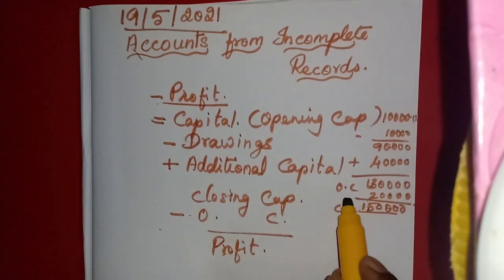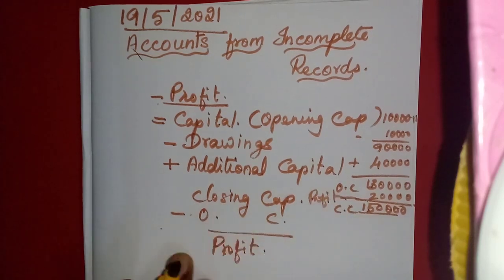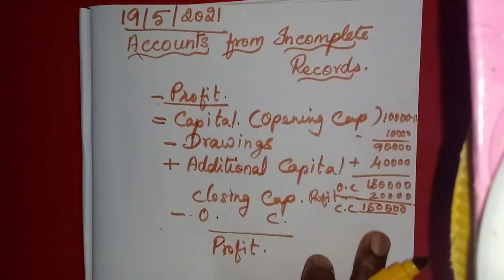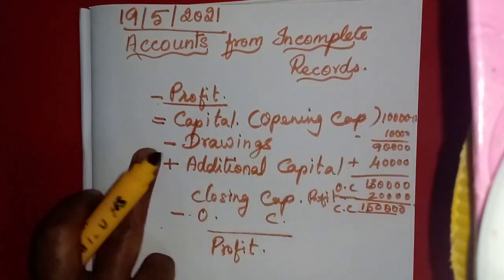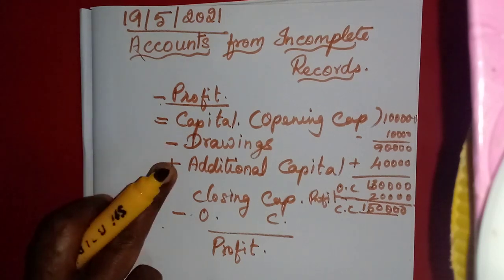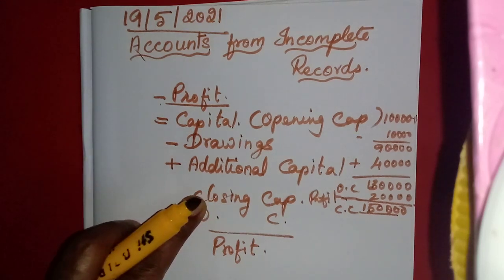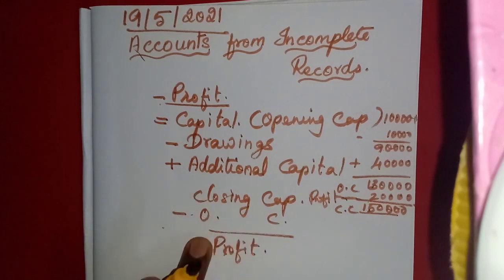So to find out the profit, we have to do the equation in reverse. Okay, closing capital we have to write first. Then instead of the minus we have to add drawings, less additional capital, and we will get the adjusted closing capital. From that, if we deduct the opening capital, we will get the profit.